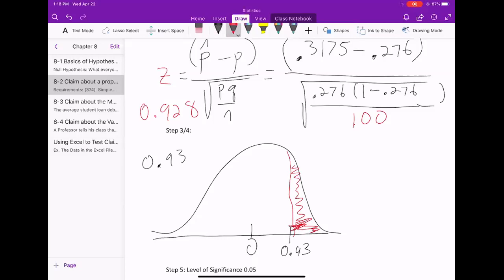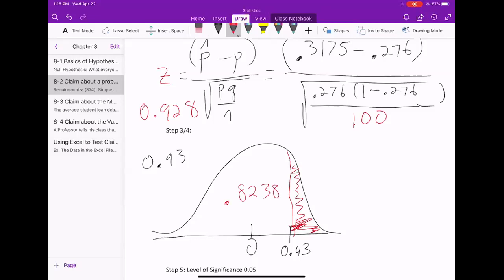So now I go find 0.93 in my table, and I get what value? What Ben said, 1.46. Oh, okay, so he got way ahead of me. Ben is correct. Sorry, Ben, I didn't realize you gave me the final answer.